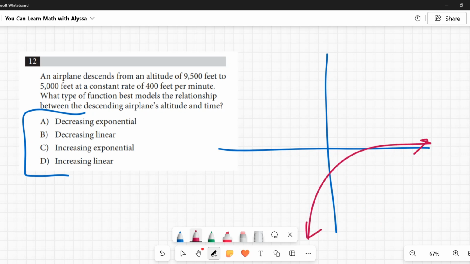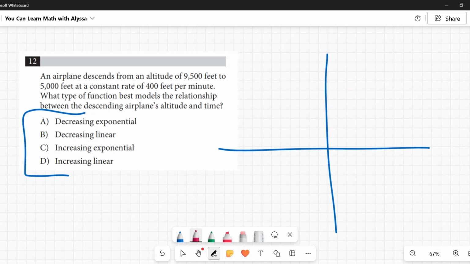Those are our exponentials. In equation form, it's going to be things like y equals 2 to the power of x. X is the exponent, exponential.